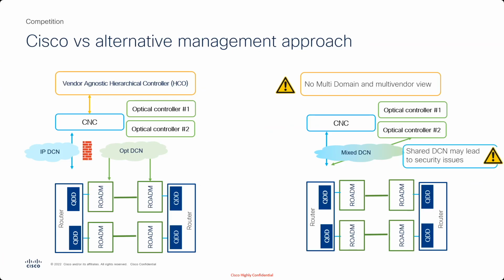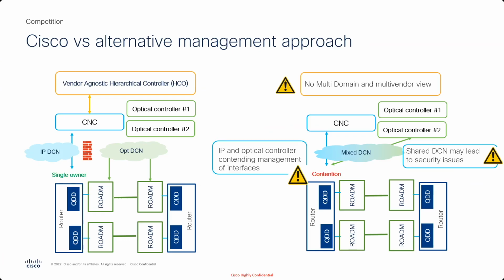Another point is that you have to share the DCN of the optical and the IP, which traditionally are separate DCNs in the customer environment. So this could be a problem for your customer. And this is a point where, when we go to competition and they say, okay, there is this solution that is more simple, we say, this is probably not the best idea.